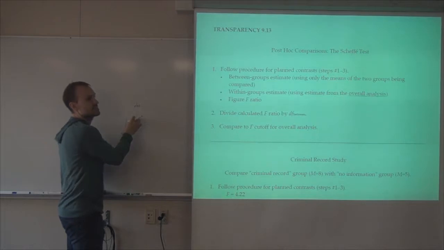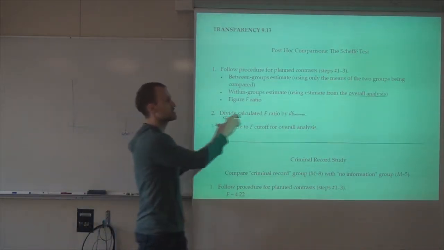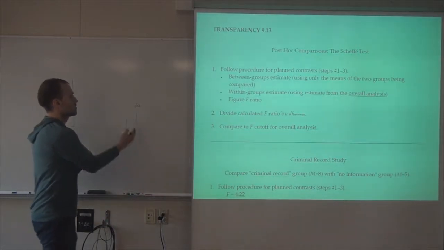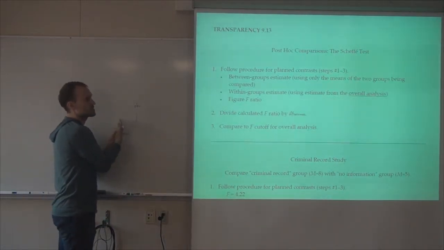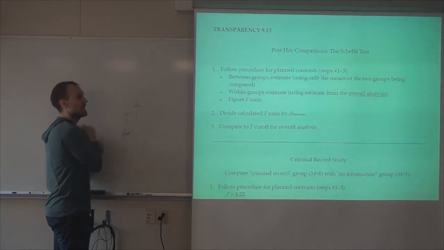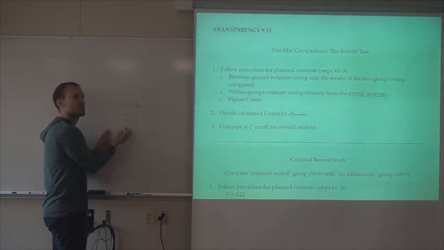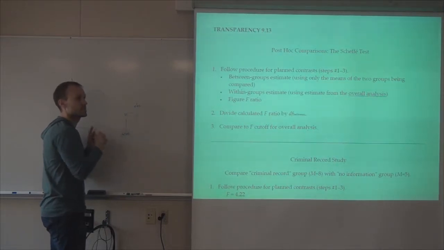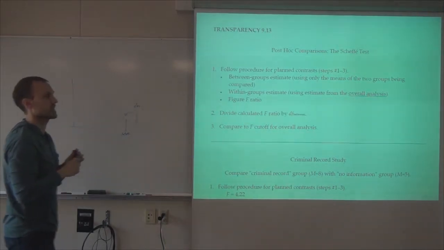I'm going to divide this by the degrees of freedom between, which is essentially going to decrease this and shift it somewhere to the left, which means I'm not going to reject as easily with this adjustment or correction.